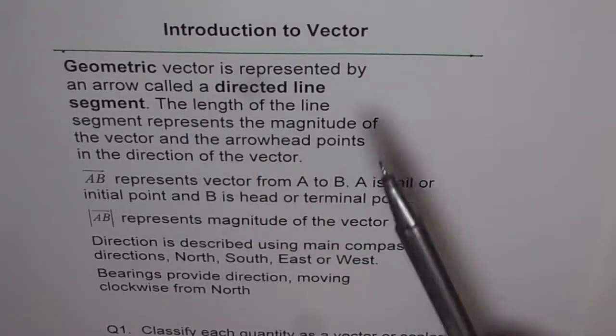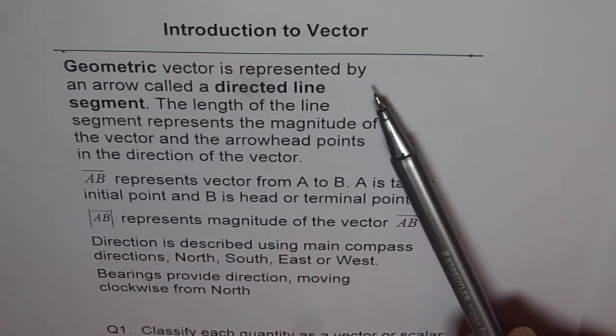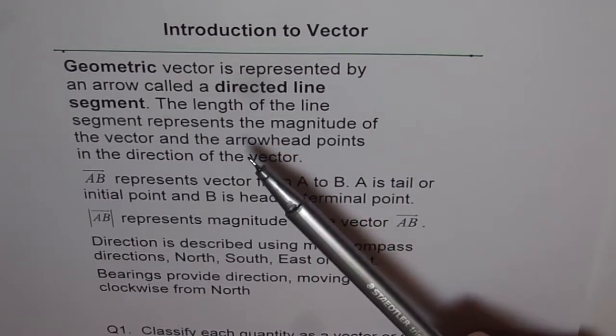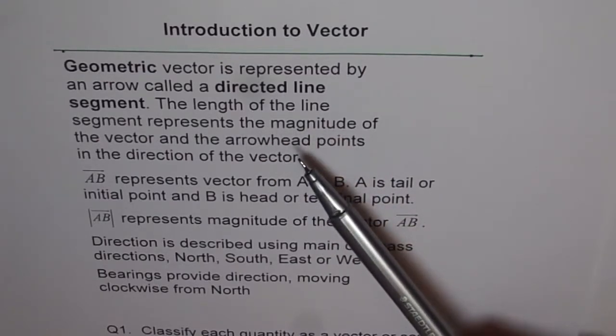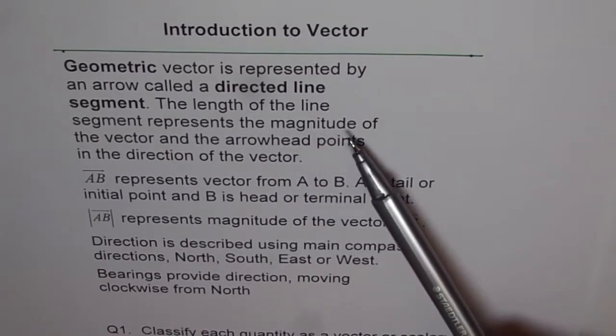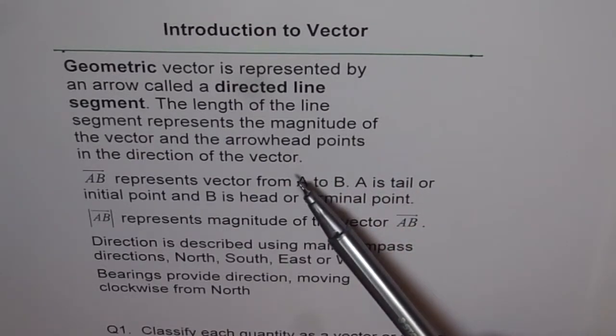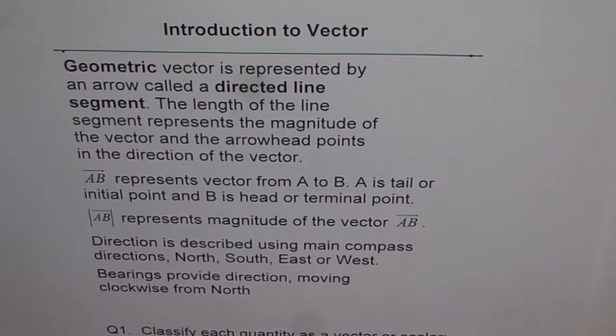A geometric vector is represented by an arrow called a directed line segment. The length of the line segment represents the magnitude of the vector and the arrowhead points in the direction of the vector. So that is what a geometric vector is.